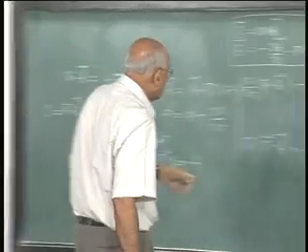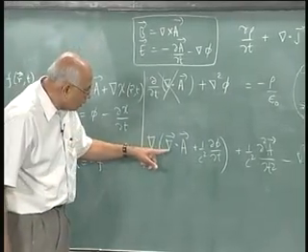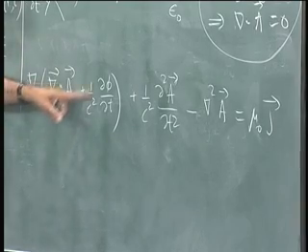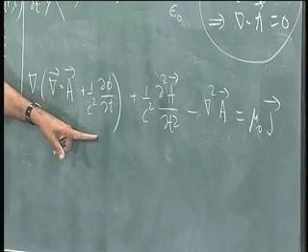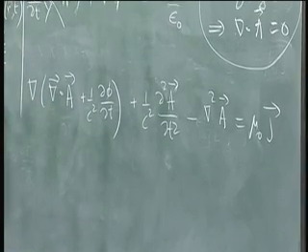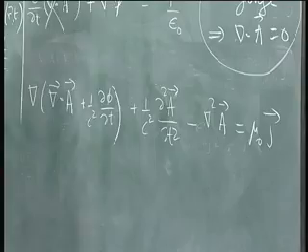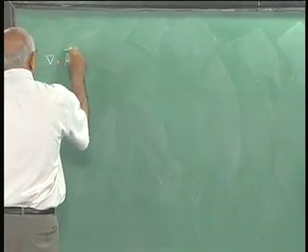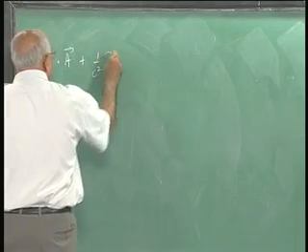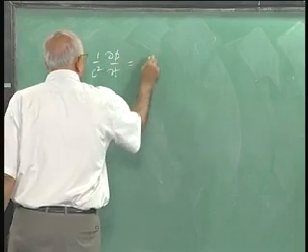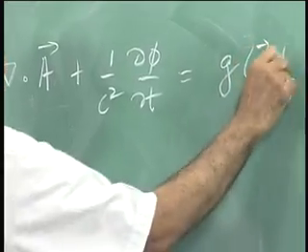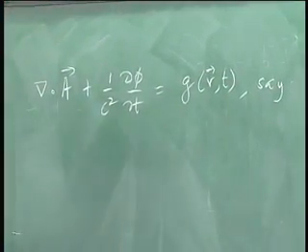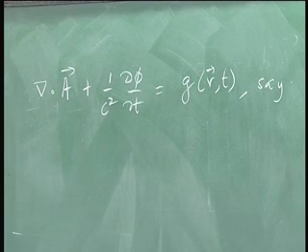And the answer is, what is it that you have here? You got del dot, if I put A prime here, then I got del squared chi minus 1 over c squared d2 chi over dt2 equal to whatever this quantity is. So I give the same argument and I say, suppose you find that del dot A plus 1 over c squared delta phi over delta t equal to some g of r and t, say, suppose it is equal to some g, not 0 but some g.